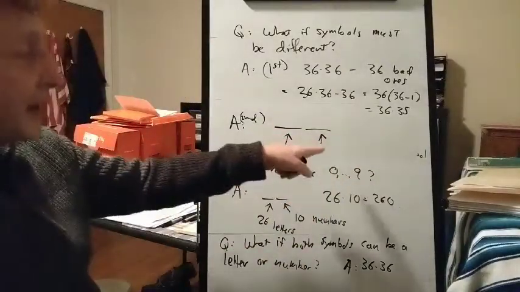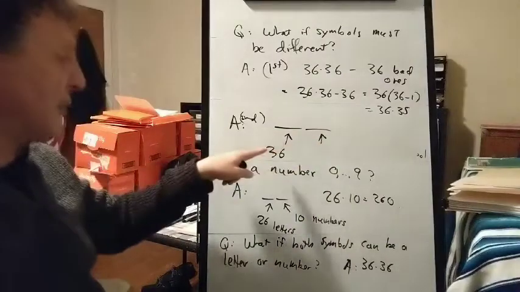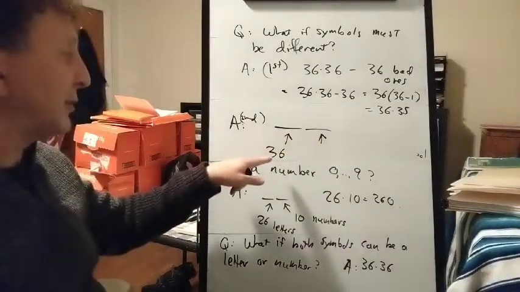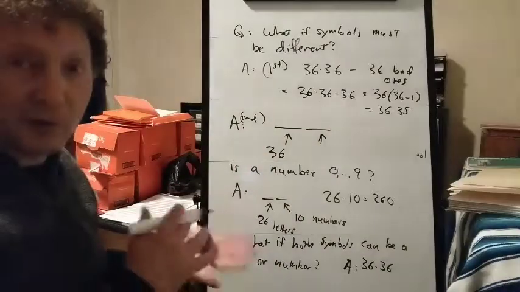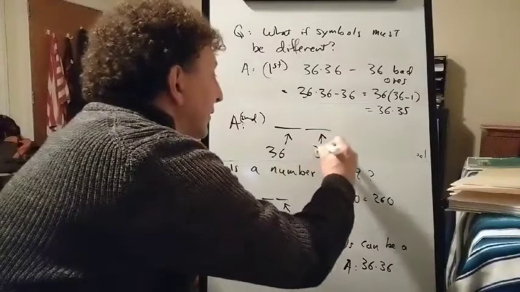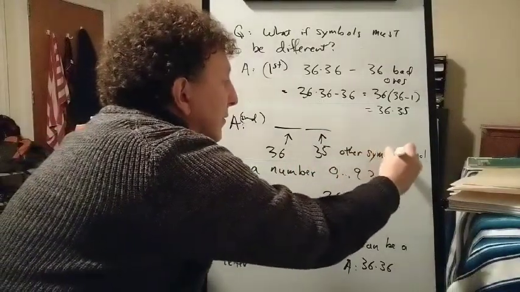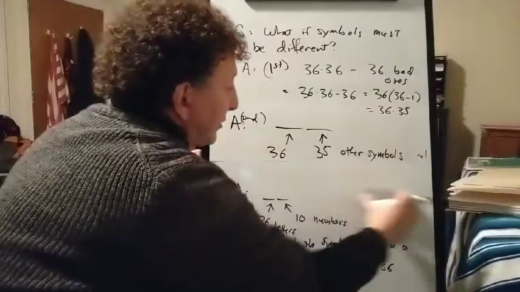And then for our second task, we're going to put something in the second position which is different from what we put in the first position. If it has to be different from what we put in the first position, then there's 35 symbols left. All the symbols minus the one that we used already. So 35 other symbols not equal to the first.